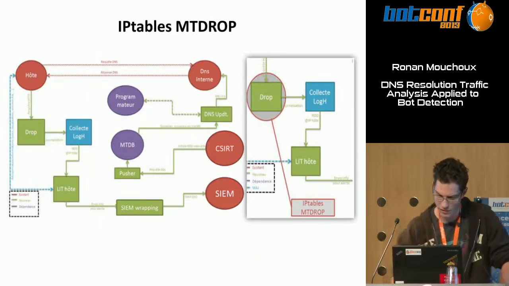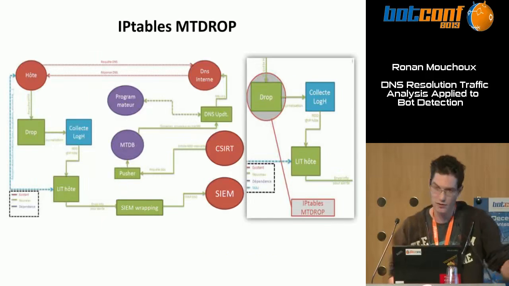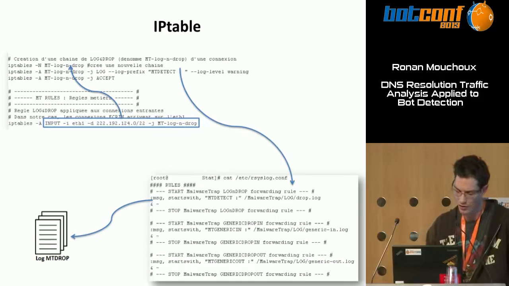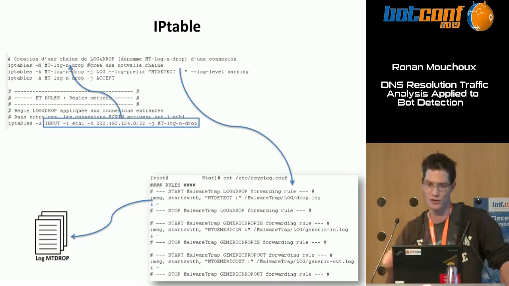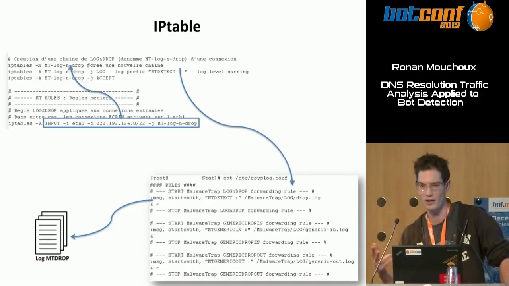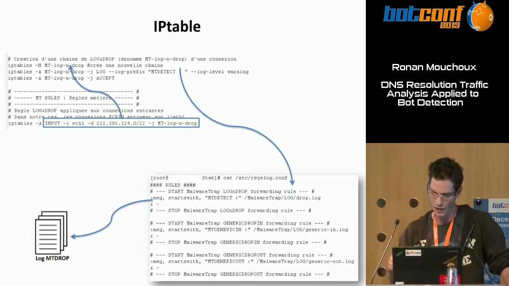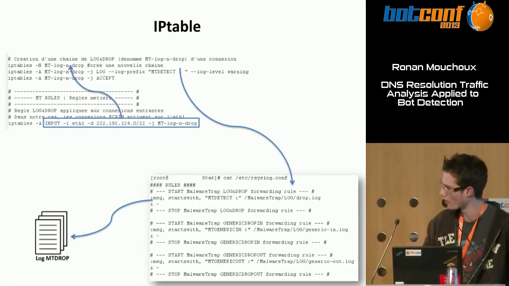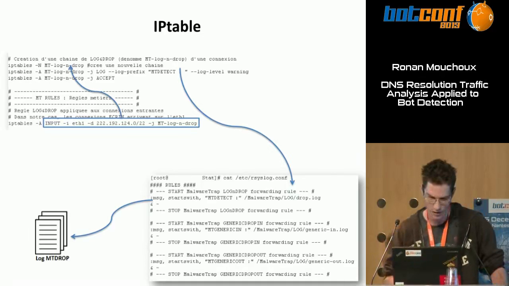And we start by the drop, collecting the log. So one line of iptables, and if you want a standalone file and not have it put in the /var/messages file, you create an iptables chain, 3 lines of code, and in rsyslog.conf 2 lines of code, and you have your standalone log file.